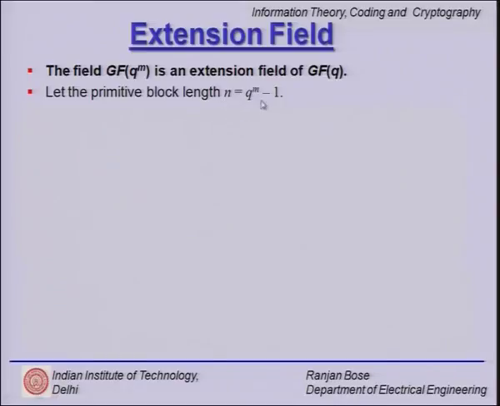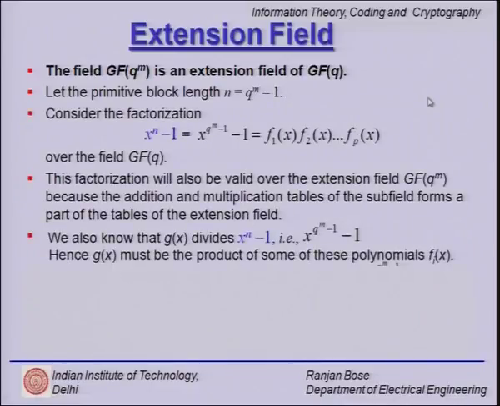Now, let us start with the primitive block length n given by q raised by m minus 1, where m is some integer. So, we have now our basic aim to factorize x raised by n minus 1, but my n happens to be of a primitive block length q raised by m minus 1. So, I substitute the n here.